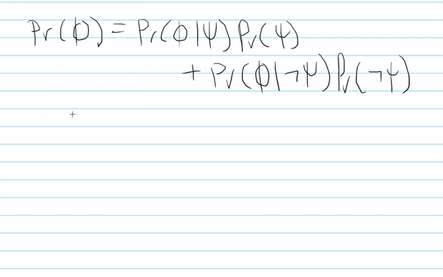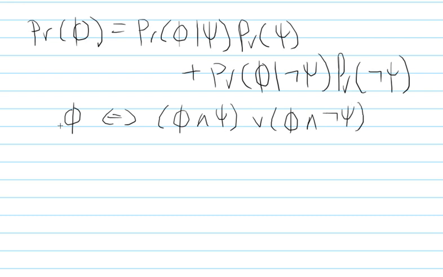One thing I note is that you can see why this holds by considering the logical equivalence we saw in the previous unit on deductive logic: any sentence phi is logically equivalent to phi and psi, or phi and not psi.